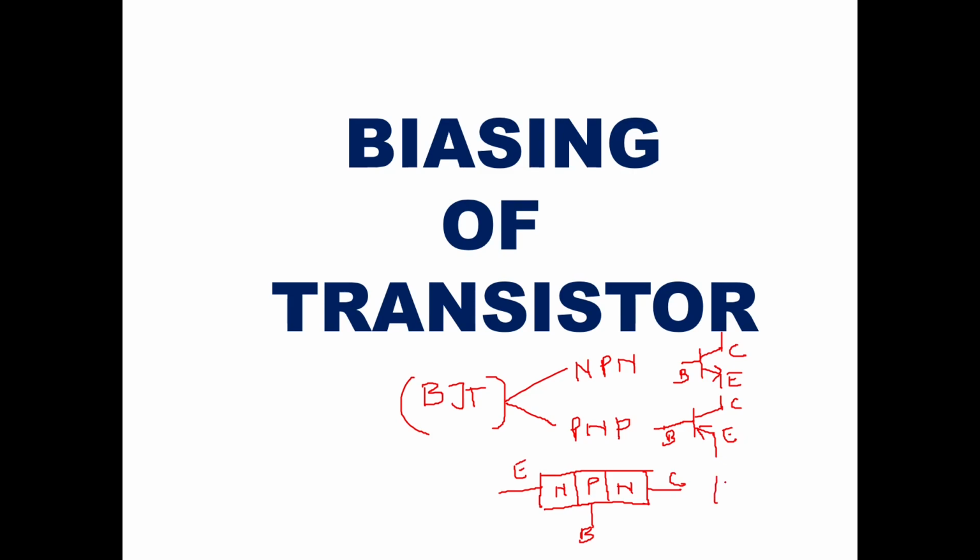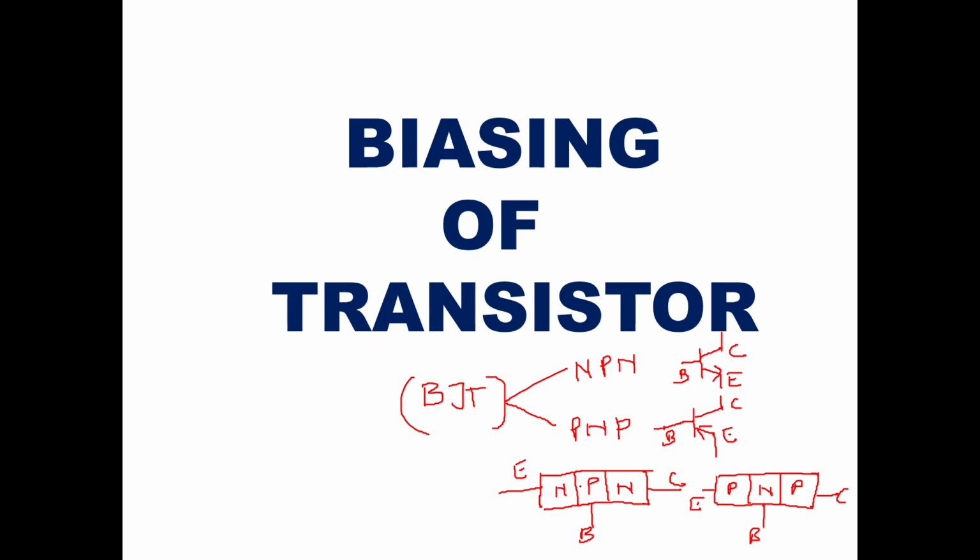Similarly, you can show PNP also, with the three layers: emitter, base, and collector. In this way, we have studied in semiconductor devices what we mean by bijunction transistor, BJT, also called bipolar transistor.